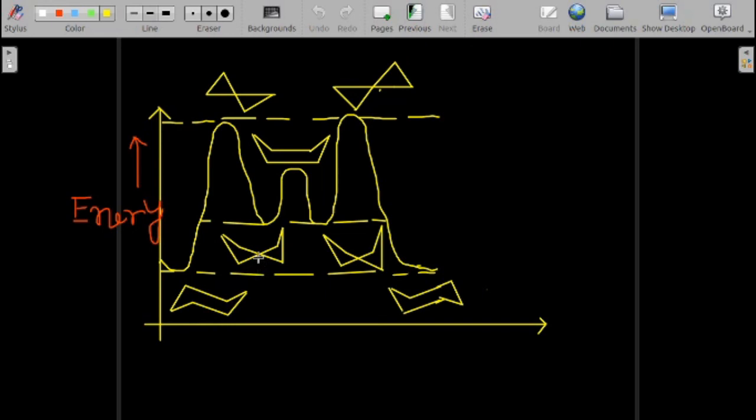The twist boat is at a higher energy level than the chair conformation, and the boat conformation is at a higher energy level than the twist boat conformation. The half chair conformation is a very unstable conformation.